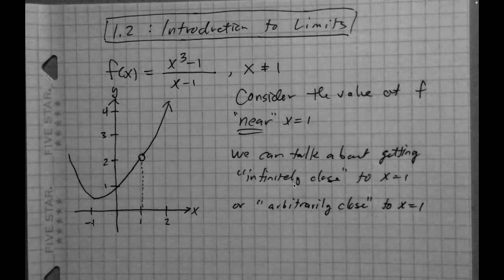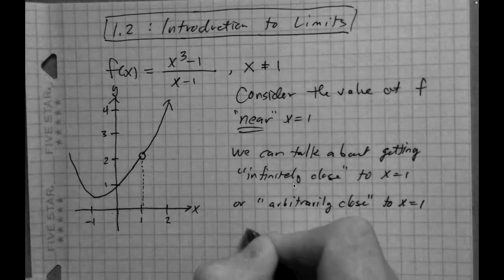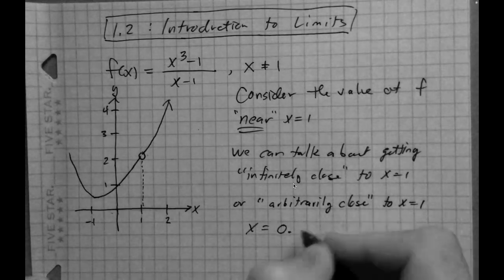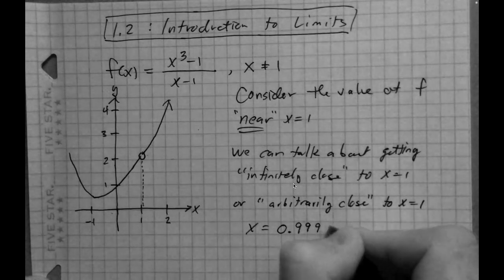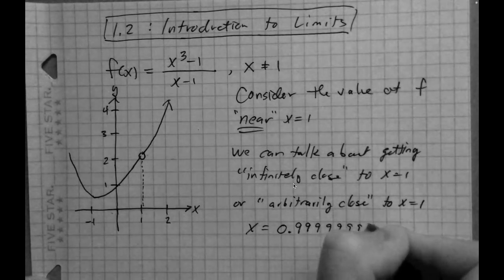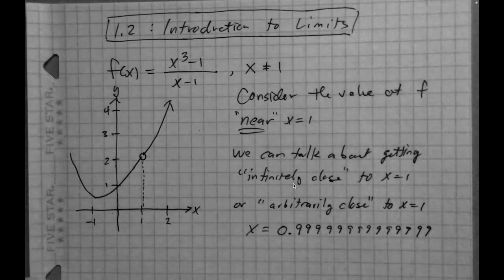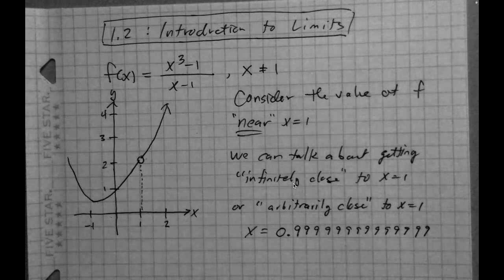So an example of a number that's very, very close to x equals 1 would be something like x equals 0.999. It's a number that's very, very close to 1, but it is not precisely 1.